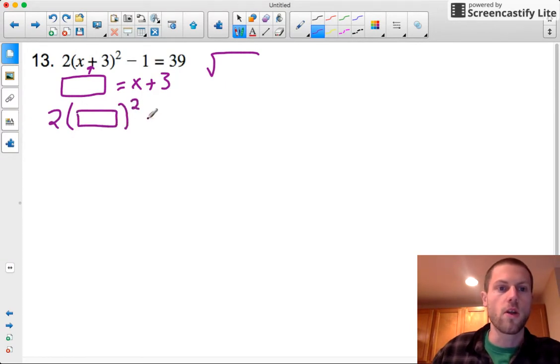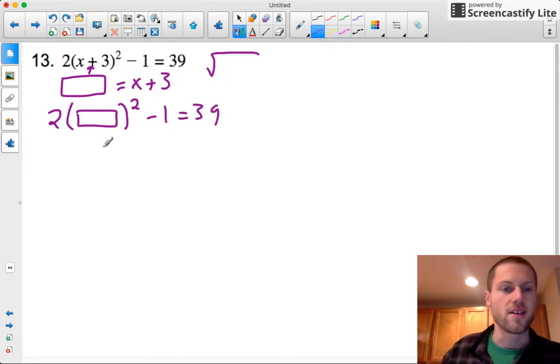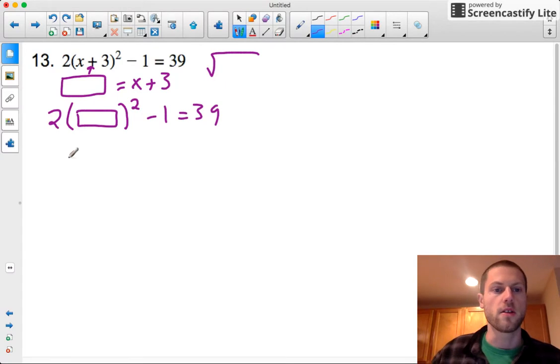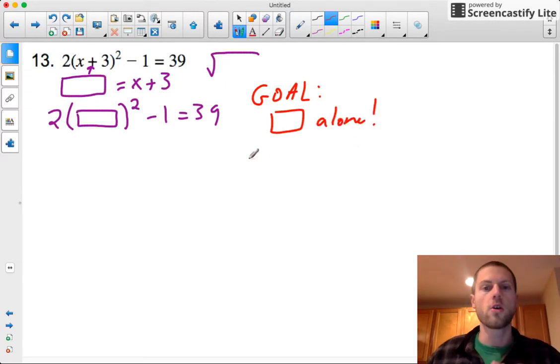So I'm just looking at one thing. It makes me feel nice and warm and fuzzy inside when I don't have all kinds of variables in these parentheses, just a box. Now the goal is to get the box alone. For when it's alone, then we can unsquare it, we can square root it, and we can get after the solutions here.